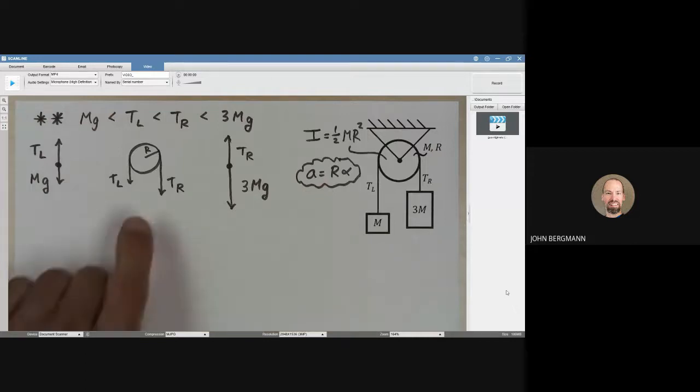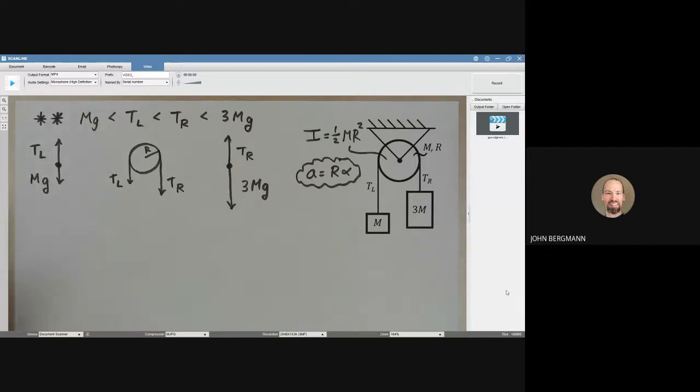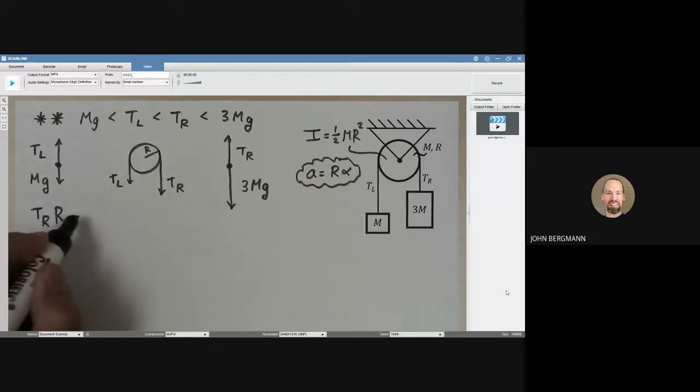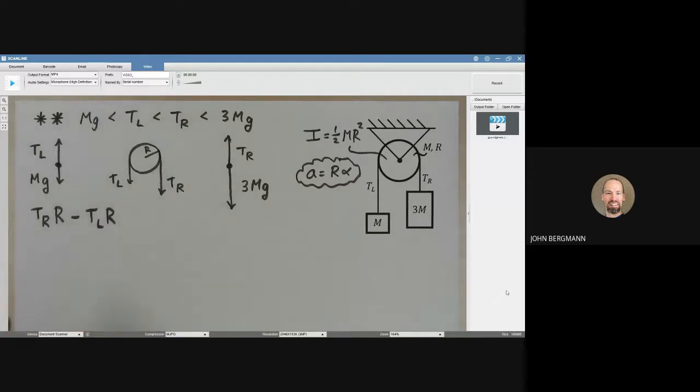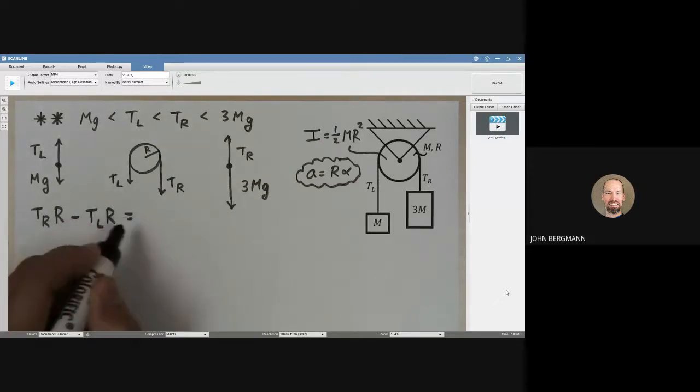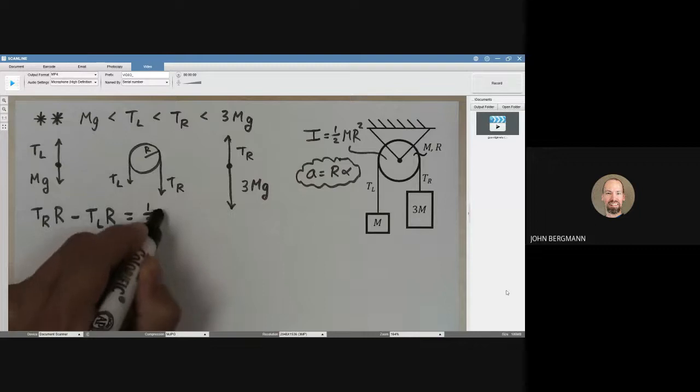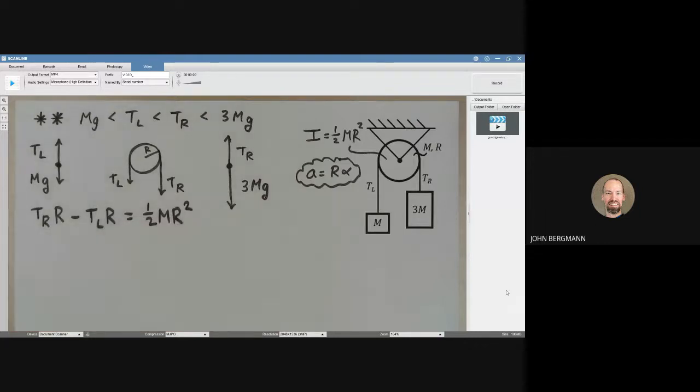So here we go. Let's do Newton's second law for rotation for the pulley first. The tension on the right is bigger, so we're going to go tension on the right multiplied by r, that's the torque from the tension on the right, minus the tension on the left times r, that's the torque in the counterclockwise direction. That needs to equal the moment of inertia of this pulley multiplied by alpha.